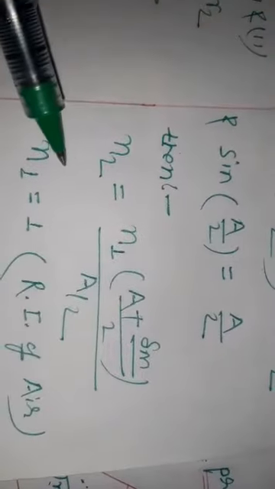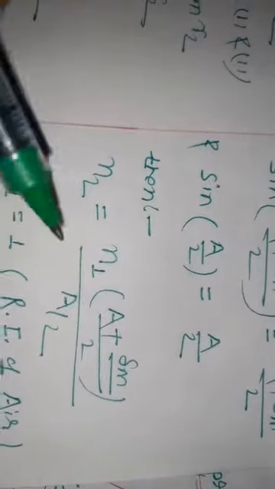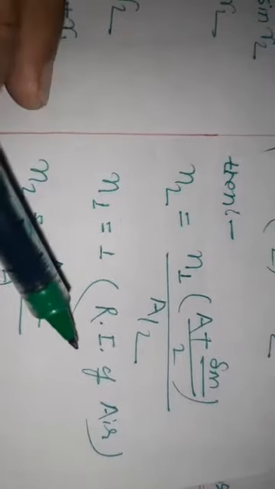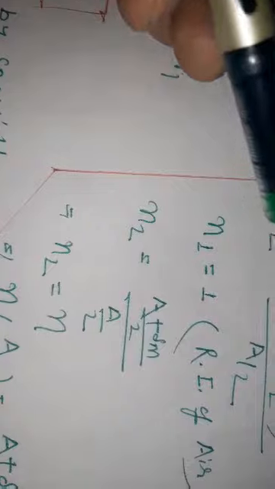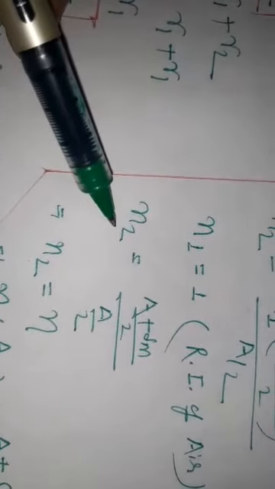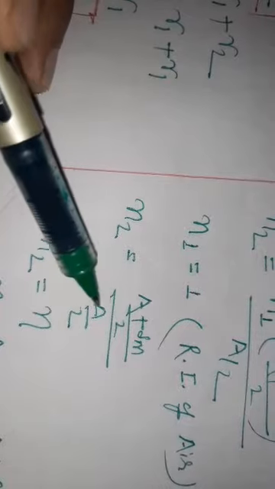Then this equation becomes n2 equals n1 (A plus delta m) upon 2 divided by A by 2, where n1 is the refractive index of air, whose value is always near about 1. So n2 equals (A plus delta m) upon 2 divided by A by 2.